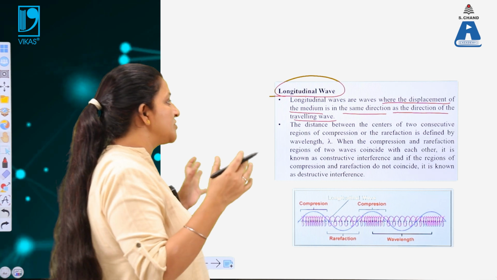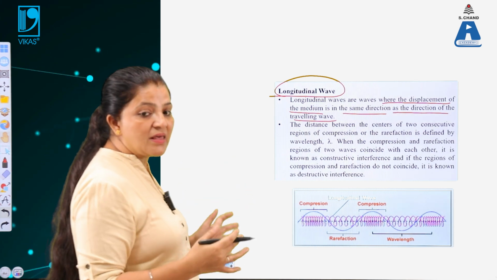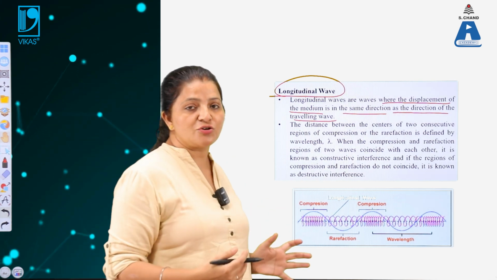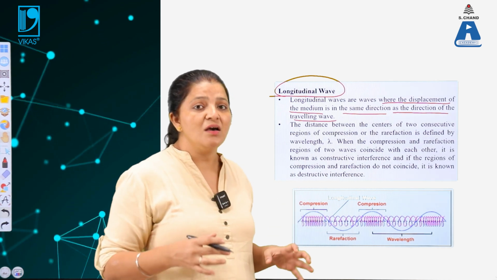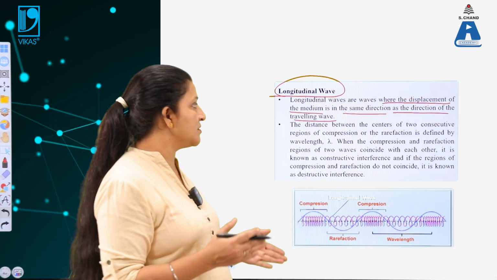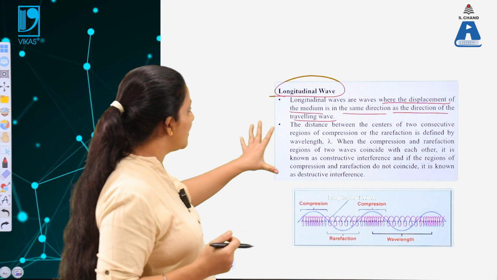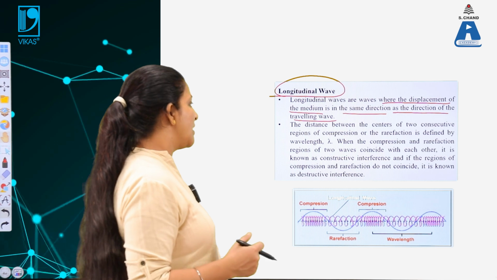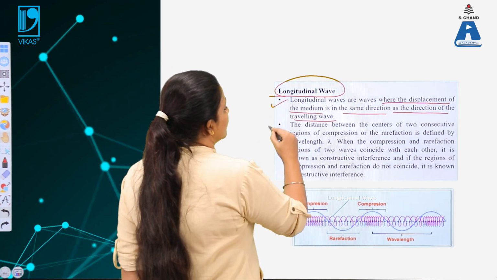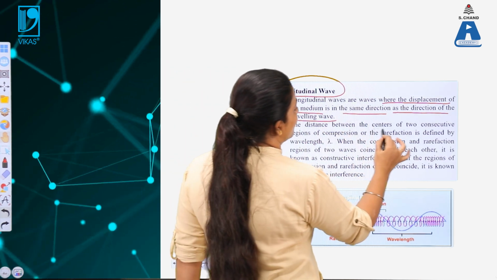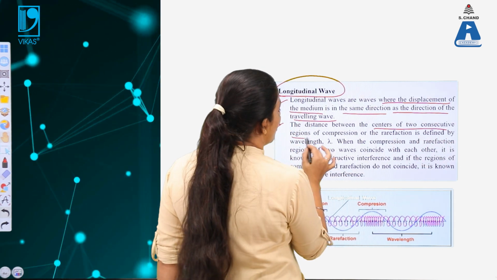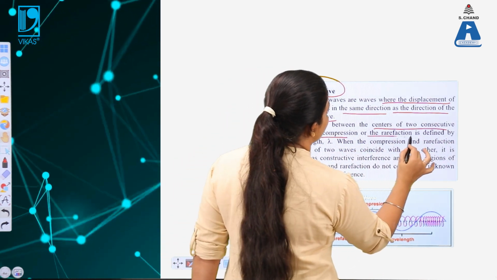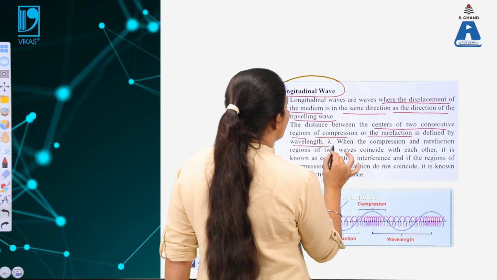If the medium is placed along the x-axis, then the direction of propagation of the wave will also be along the x-axis. Both are in the same direction. Such kind of waves are known as longitudinal waves. Now, the next point is that the distance between the centers of two consecutive regions of compression or rarefaction is defined as the wavelength.